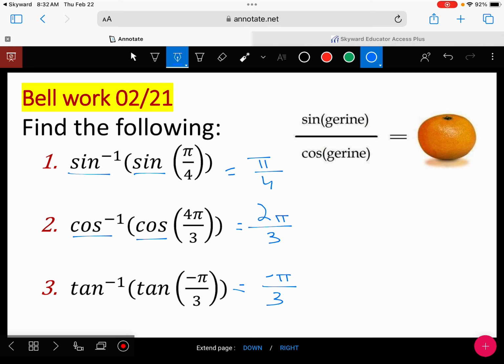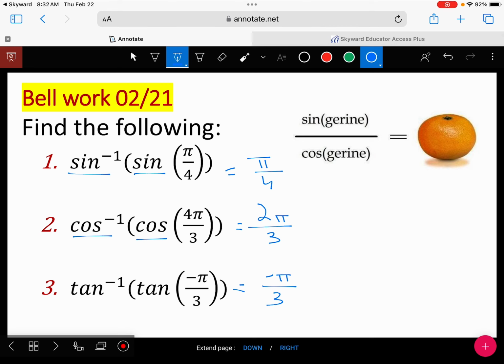Inverse cosine, does that work for quadrant 3? No. What quadrants does inverse cosine work for? 1 and 2. You got to be good on that. Inverse cosine is 1 and 2. If you're still struggling with remembering our restrictions, you got to go back, make an index card, something.